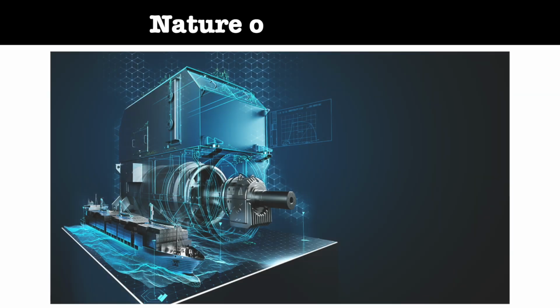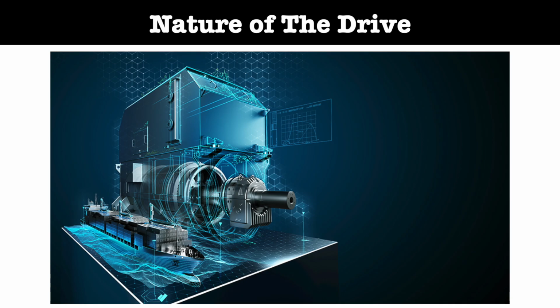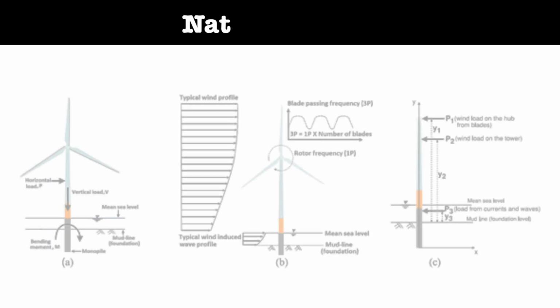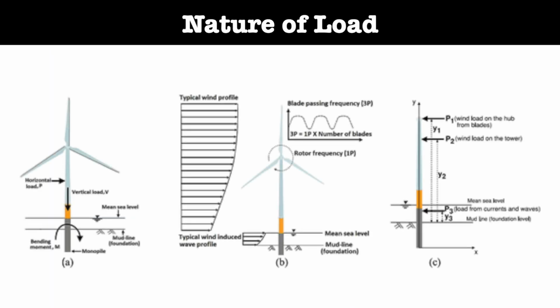The second is the nature of the drive, whether the motor is to be driven as an individual machine or a group of machines. Then is the nature of load, whether the load requires light or heavy starting torque, load torque increases with speed or remains constant, whether the load has heavy inertia which may require long starting time.